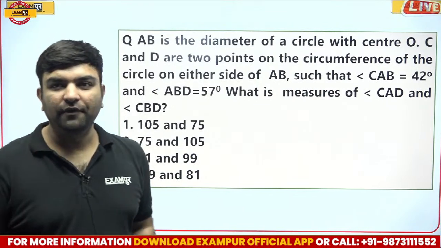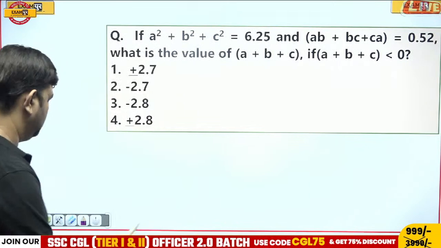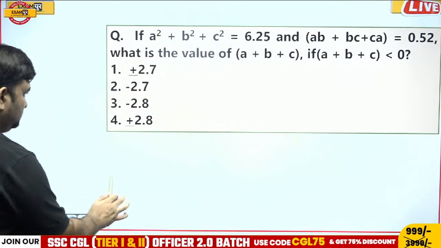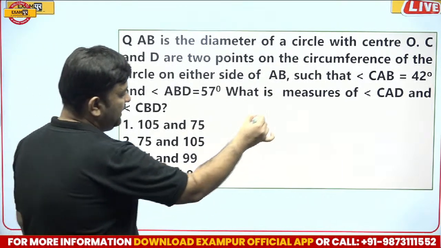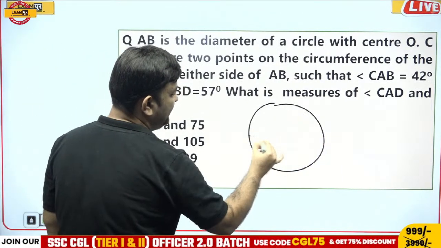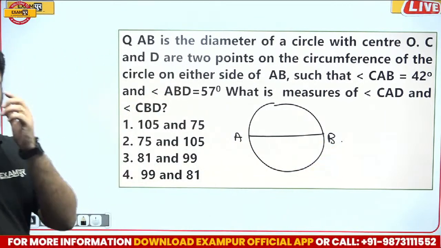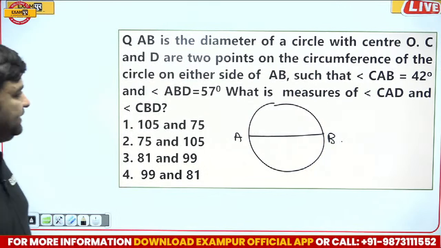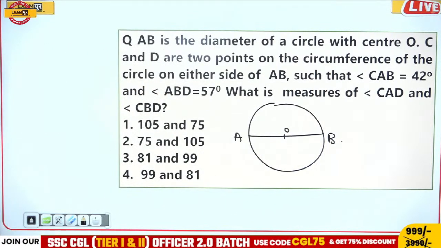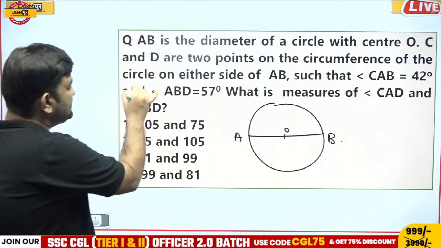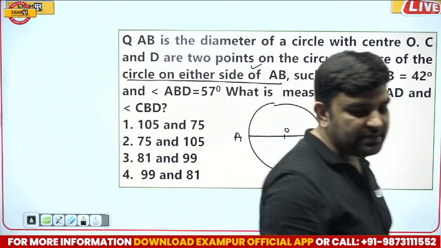AB is the diameter of the circle with center O. C and D are the points on the circumference on either side.